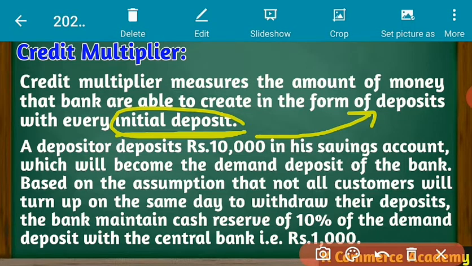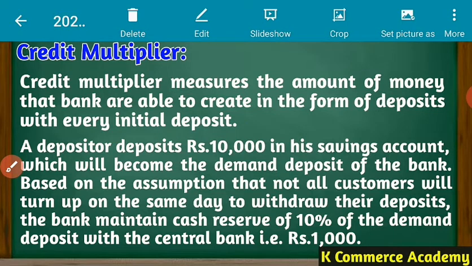Suppose a depositor deposits rupees 10,000 in his saving account, which will become the demand deposit of the bank. Clear? Based on the assumption that not all customers will turn up on the same day to withdraw their deposits, the bank maintains a cash reserve of 10%. So this is the ratio of cash reserve that the bank is maintaining.